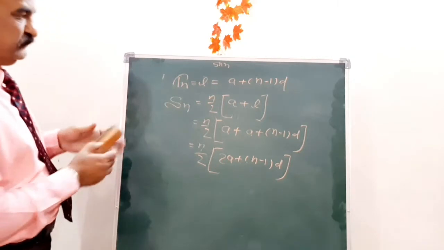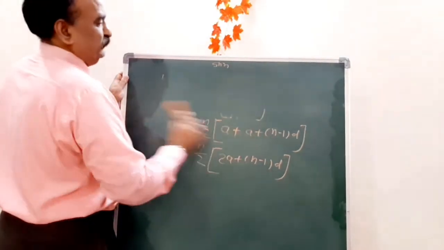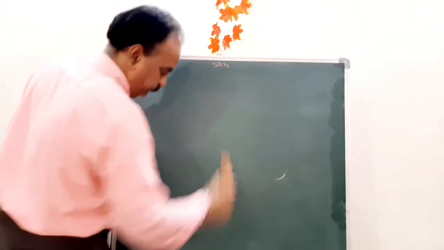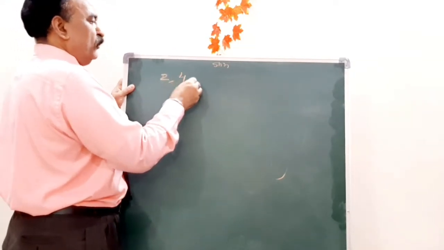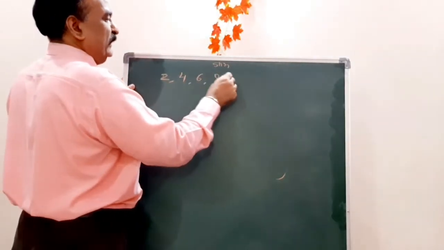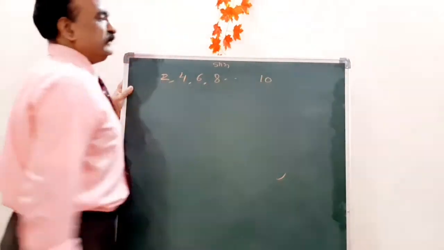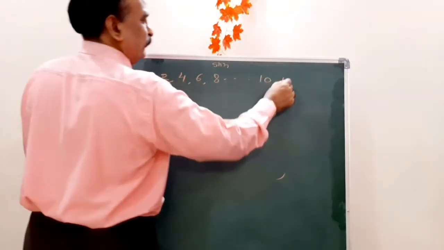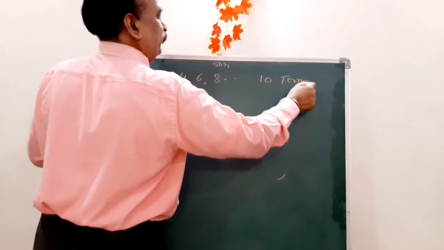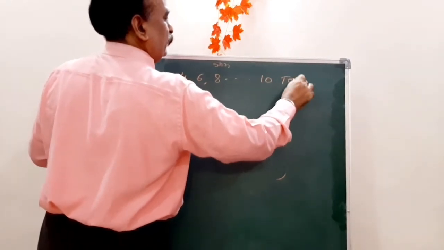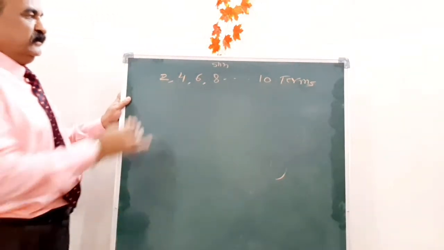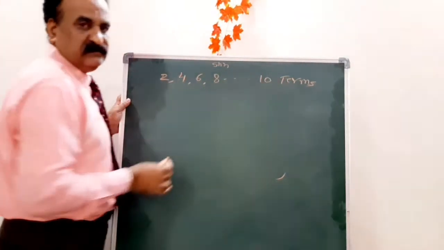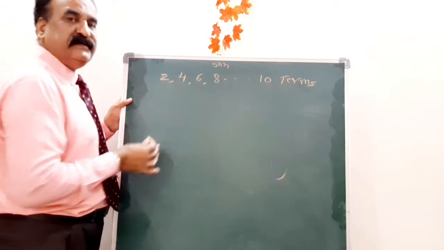Now see the questions. 2, 4, 6, 8 dot and 10 terms are there. How many terms are there? 10 terms.